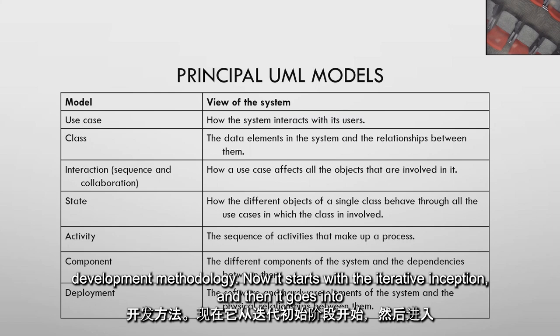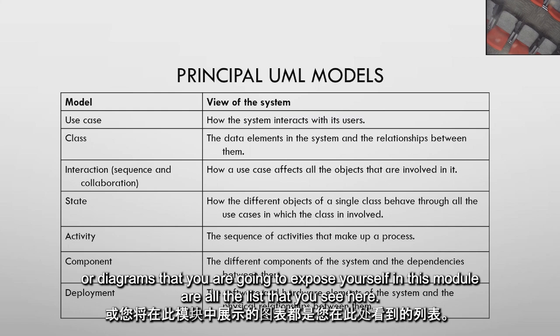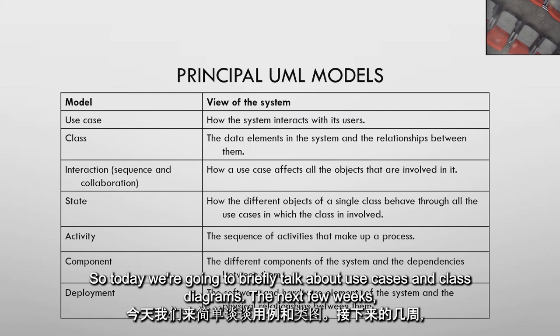Now it starts with the iterative inception, and then it goes into closing the system on delivery, and keyword: iterative. So the various types of models or diagrams that you are going to expose yourself to in this module are all the list that you see here.